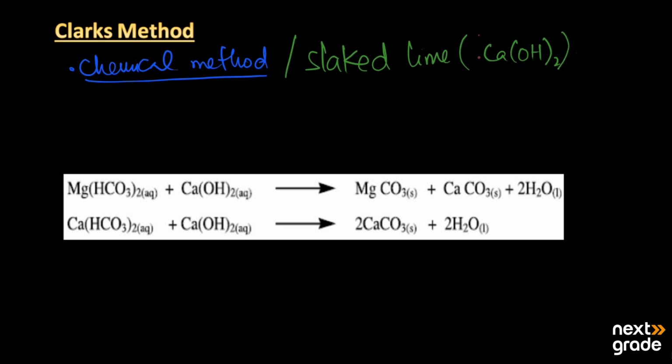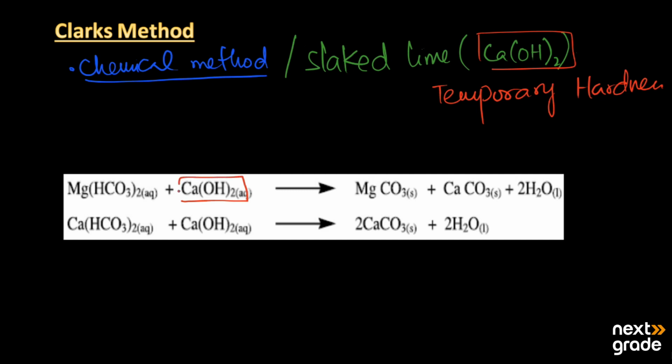So a calculated amount of calcium hydroxide is added to the water that has temporary hardness. When we add that substance, the reaction takes place. When the calcium hydroxide or slaked lime is added to water containing magnesium bicarbonate, which is soluble in water, it converts into two products: magnesium carbonate and calcium carbonate.